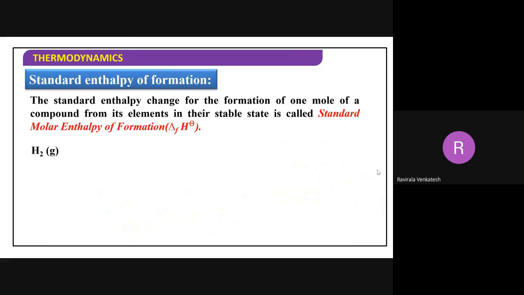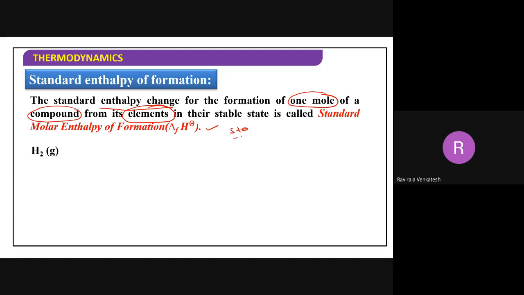Now let me take the definition again. The standard enthalpy change, otherwise the change in the enthalpy for formation of 1 mole of a compound from its constituent elements, or from its elements, in the stable state. That should be the stable state. It's called standard enthalpy of formation because you are taking standard conditions.